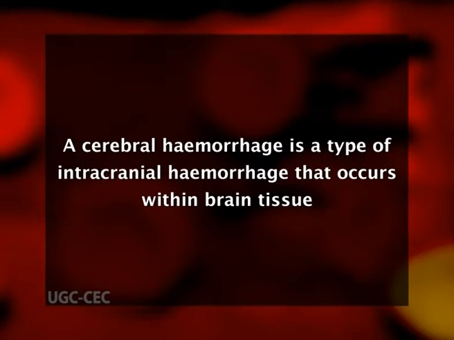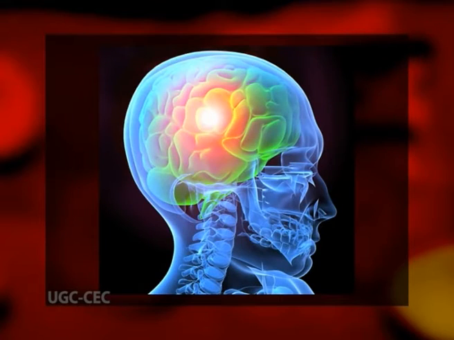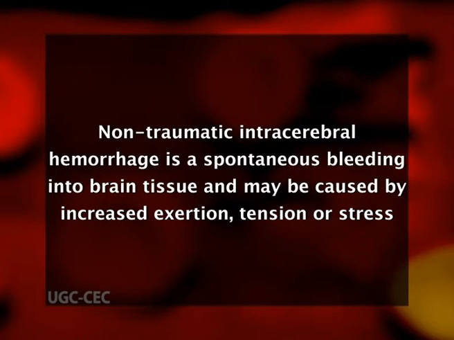Now coming to the cerebral hemorrhage. A cerebral hemorrhage is a type of intracranial hemorrhage that occurs within the brain tissue. It can be caused by brain trauma or it can occur spontaneously in hemorrhagic stroke. Non-traumatic intracerebral hemorrhage is a spontaneous bleeding into the brain tissue and may be caused by increased exertion, tension or stress.